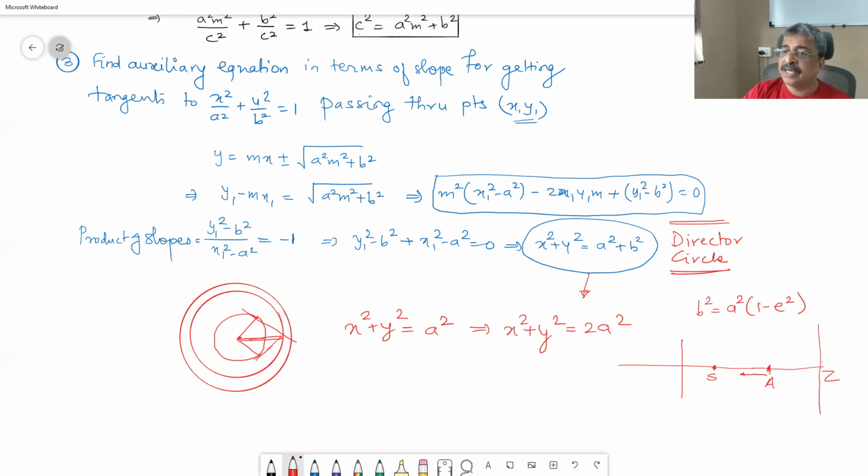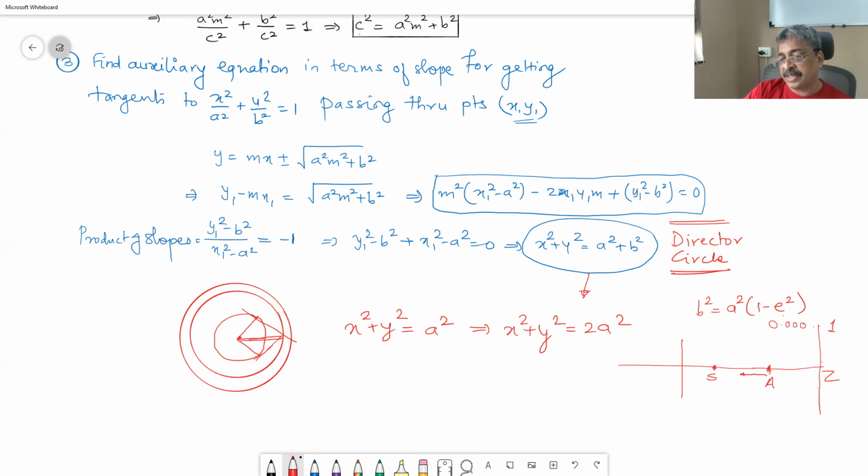Our eccentricity decreases. Suppose S and A are so close, not coincident but very, very close, that e becomes very small, 0.000 something. In other words, the directrices are far away. They are the lines at infinity.